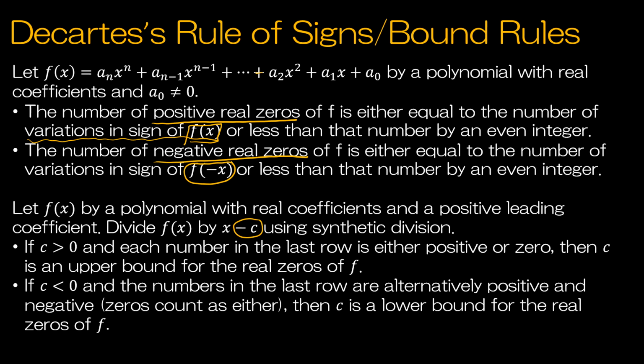So you know all of the rest of the real zeros are going to be less than that. If c is less than 0 and the numbers in the last row are alternating positive, negative, and zeros count as either, then c is a lower bound for the real zeros.